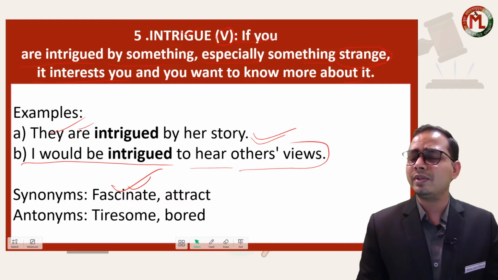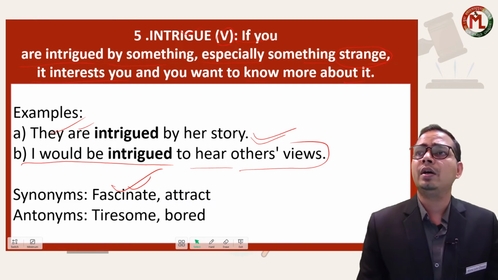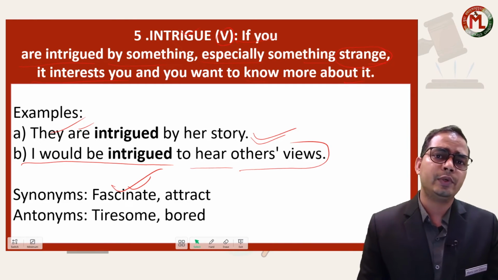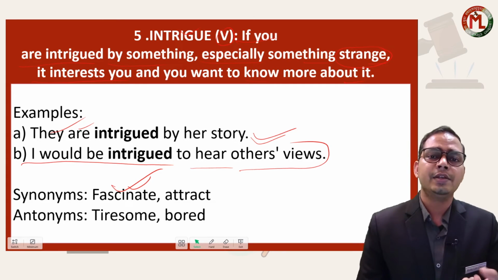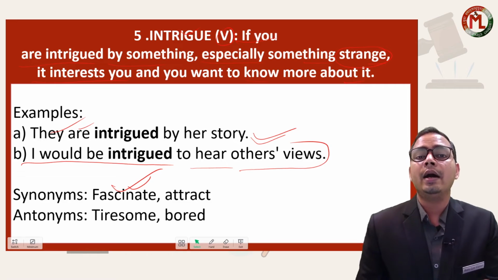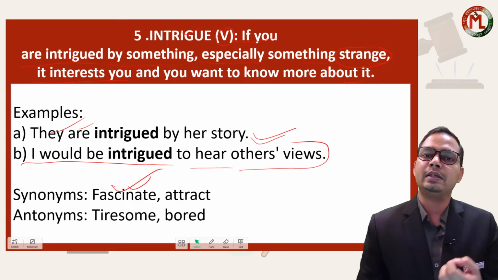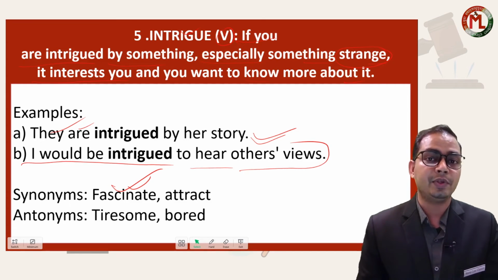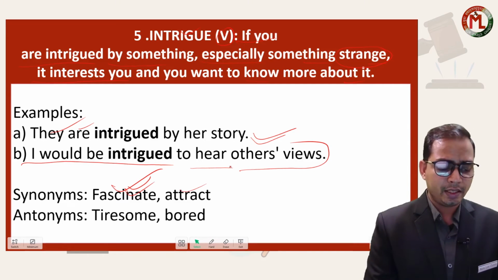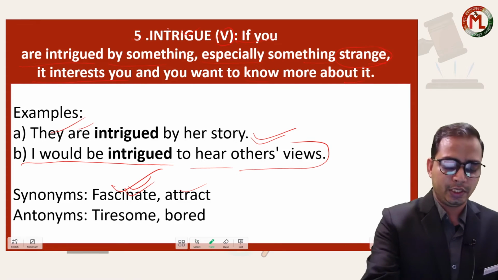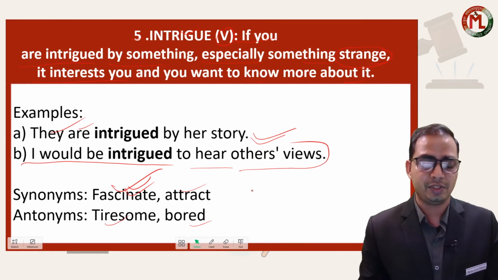So sometimes the word can be like burning train. You might have heard this word, burning train. The quality of train is it's burning. So the word ing always doesn't mean it's a continuous tense, but it can be used as an adjective too. So fascinating, attracting, and the antonym of this word intrigue is tiresome or boring, something which is boring, right?